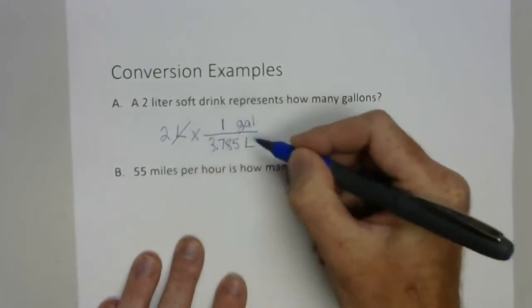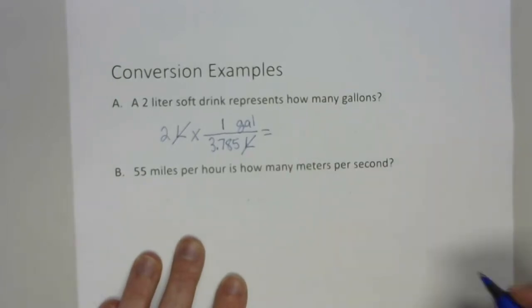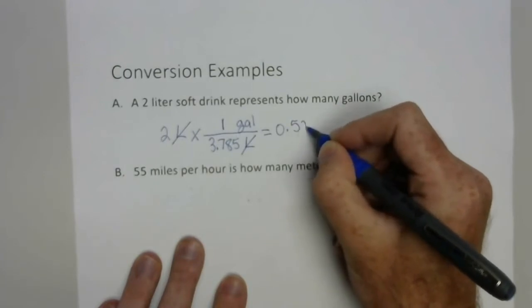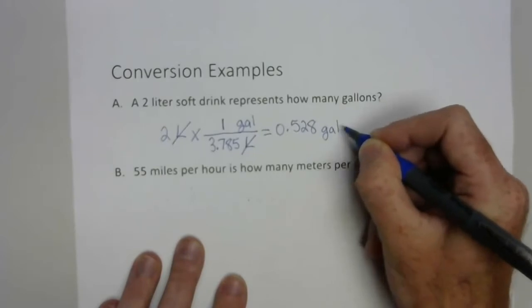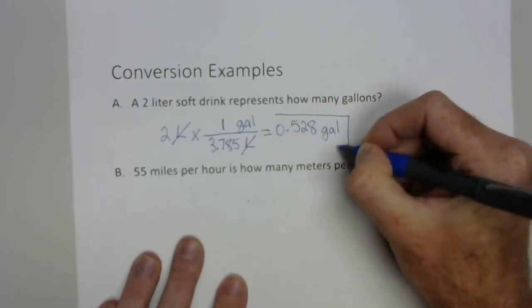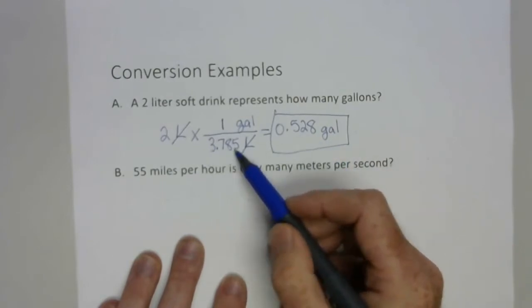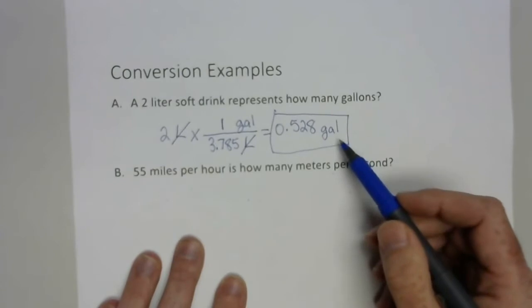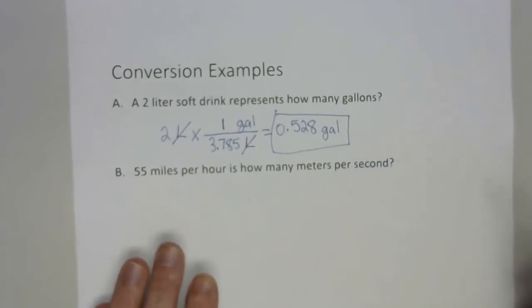The liters are going to cancel and leave us with gallons. And so you get 0.3528 gallons. And that actually makes sense because if you think about it, that's not quite 4, so that's going to be a little bit more than half of that, so that answer makes sense. Always check and make sure the answer you're getting out of the calculator makes sense.